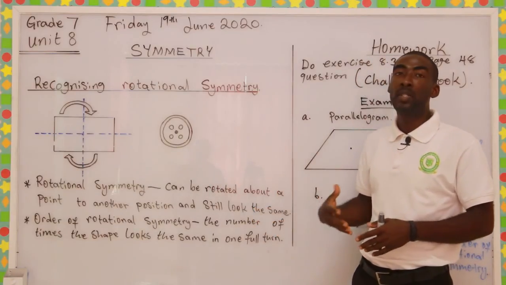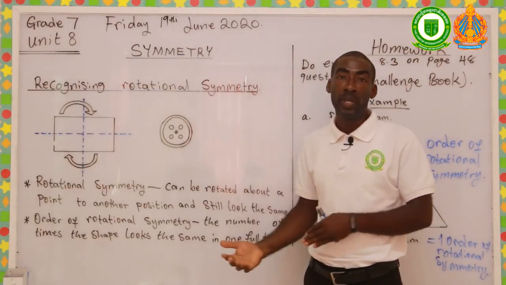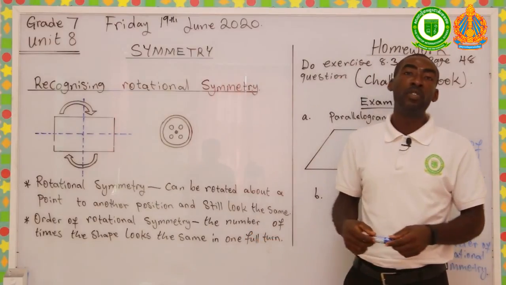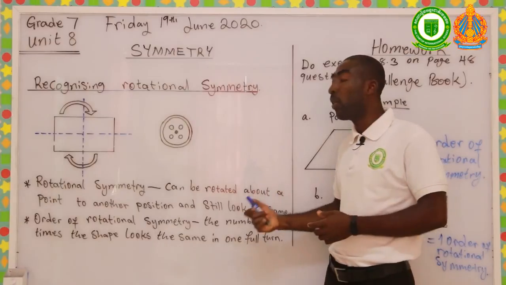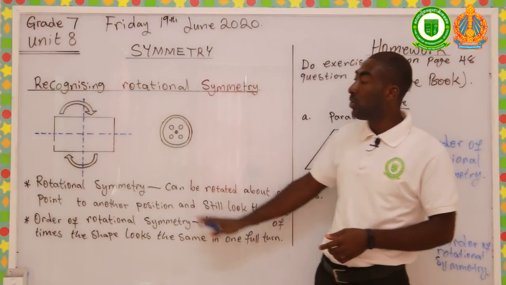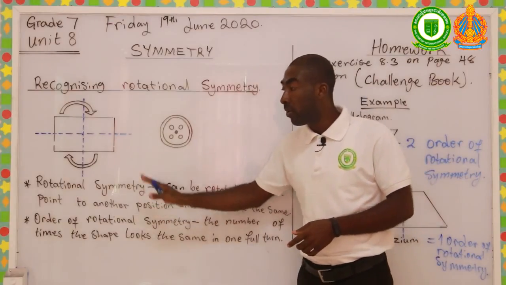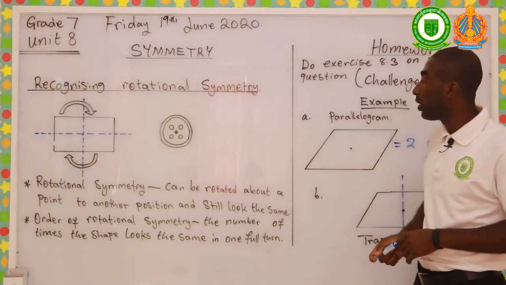Okay, so some objects or some shapes you can move it like 2 times and you have your complete turn. Some objects you have to move like 4 times to have a complete turn, depending on the shape that you are dealing with. Okay, so these are the 2 differences of a rotational symmetry and that of order of rotational symmetry.